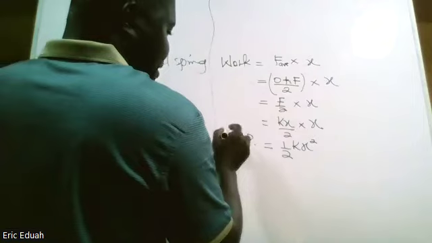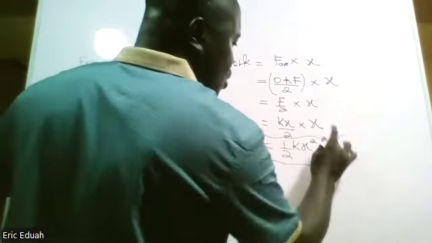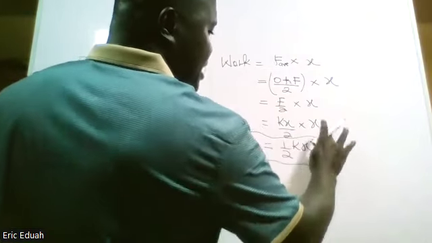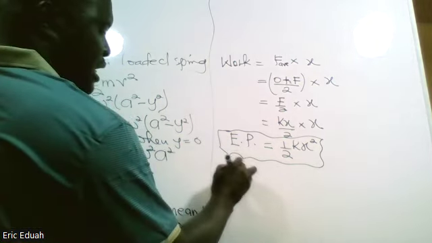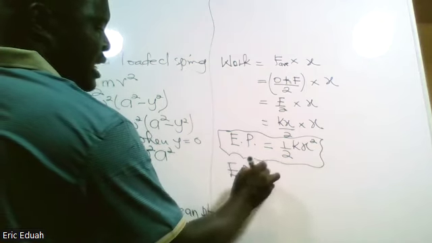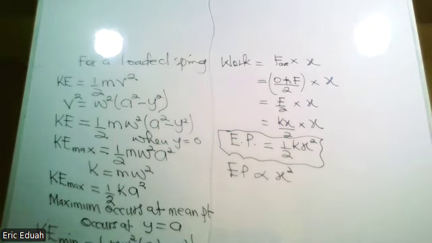So for a loaded spring, its elastic potential energy, which is the energy stored within a spring, is given by half of the spring constant times the square of the extension, which is actually a displacement. And so we realize that for elastic potential energy, E, the potential energy is directly proportional to x squared because k is a constant, half is a constant.